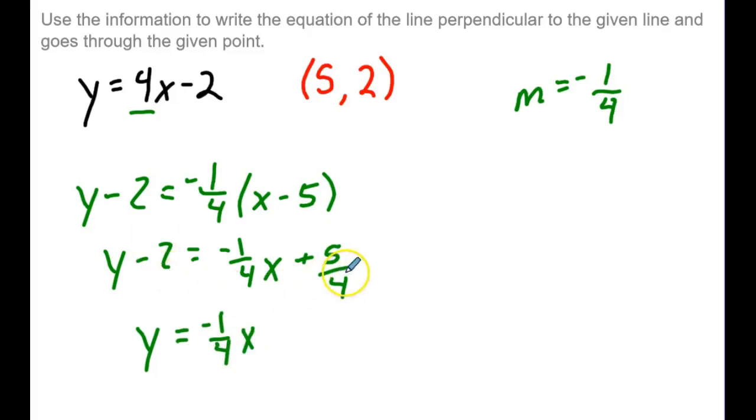Here we would have to get a common denominator. 2 is the same as 8 over 4. So 5/4 plus 8 over 4, this would be plus 13/4. So this is an equation of a line that is perpendicular to the given line and goes through the ordered pair 5, 2.